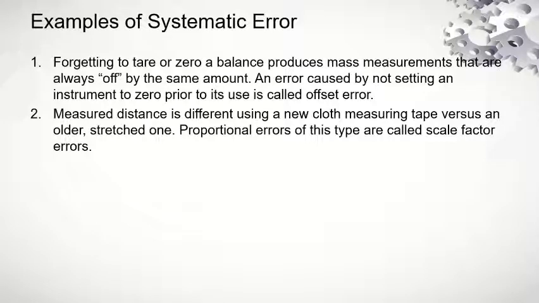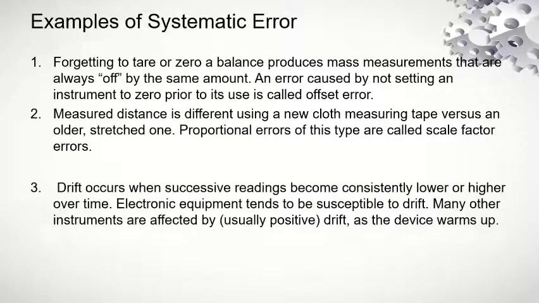The first one is offset. The second one is scale factor errors. Alright? Because here, for example, a new cloth measuring tape versus the old one, it depends on which tape you use. There may be a mistake between the two tapes you will use. Right? That is already predictable.